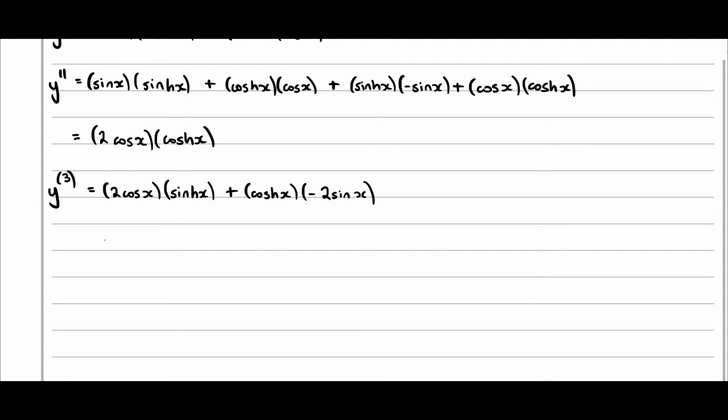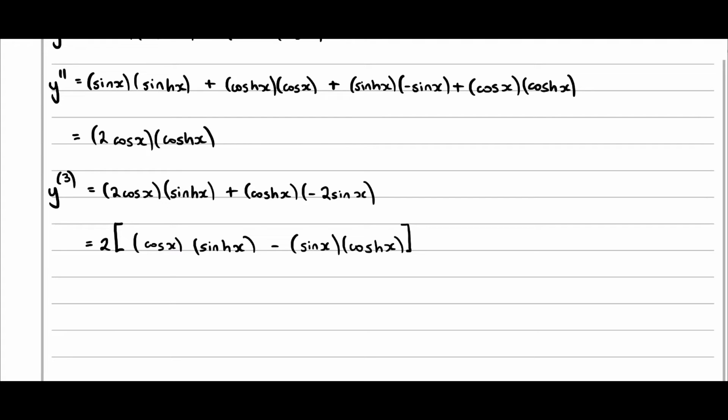And if we simplify this, we have 2 lots of, so if I factorize out the 2, we have 2 lots of cos x multiplied by sin x minus sin x multiplied by cos x. Okay, so that bit's quite complicated to get your head round.